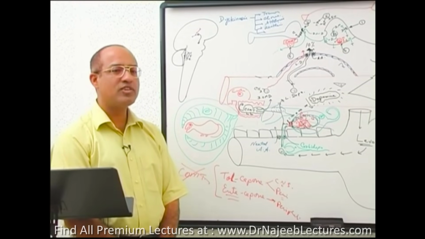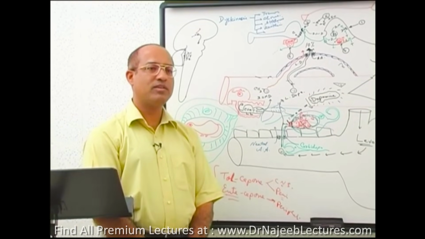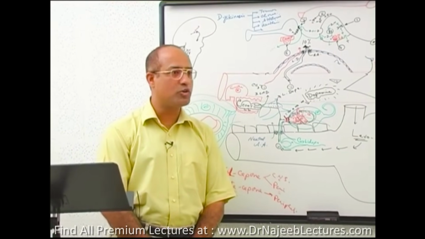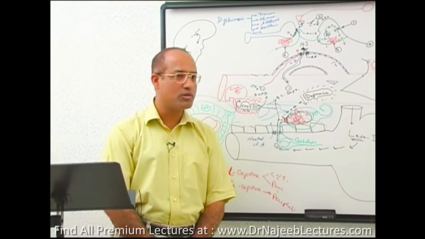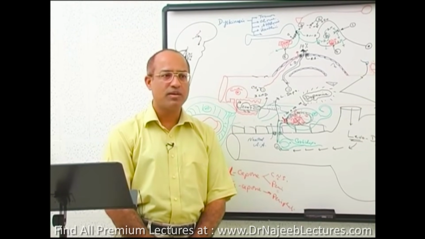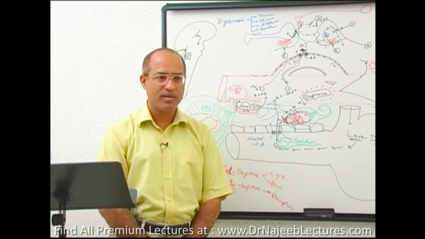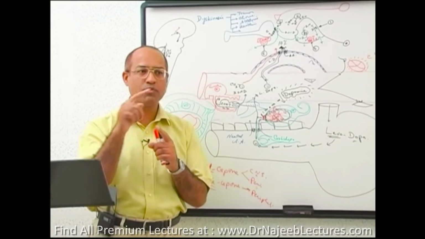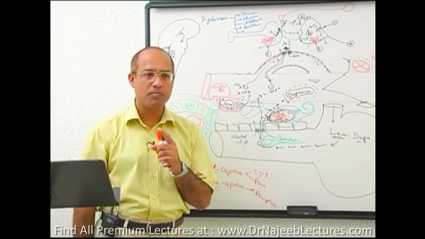Secondly, dopaminergic pathways. Up to now in the lecture, we were concentrating on the nigrostriatal dopaminergic pathway. But good students know that there is another very important dopaminergic pathway in the central nervous system, which is called the mesolimbic pathway. From the midbrain up to the limbic system, there is a very powerful dopaminergic pathway.